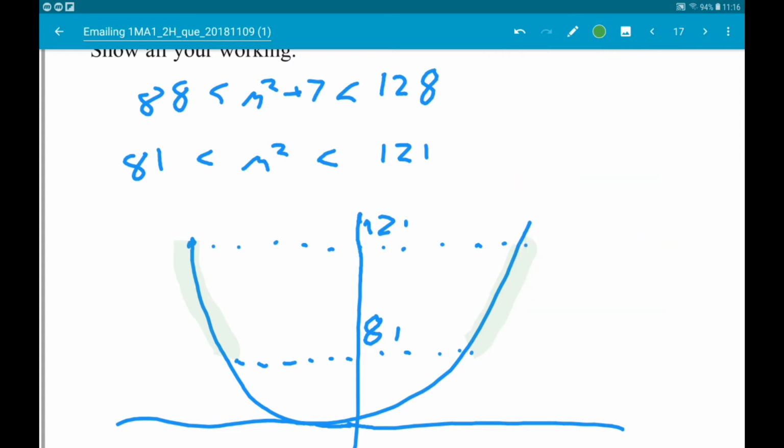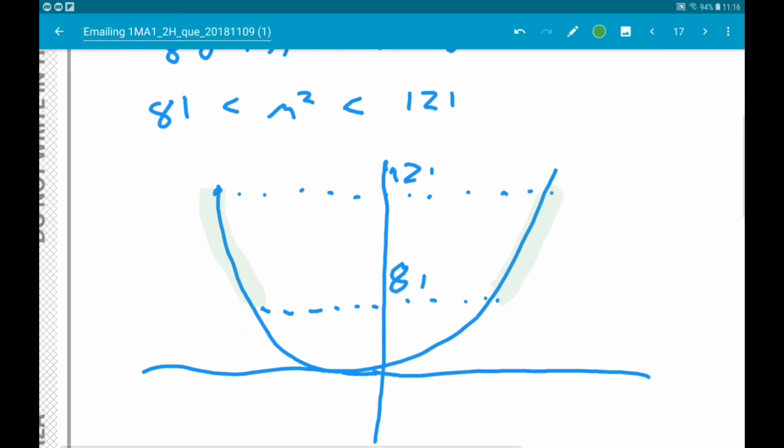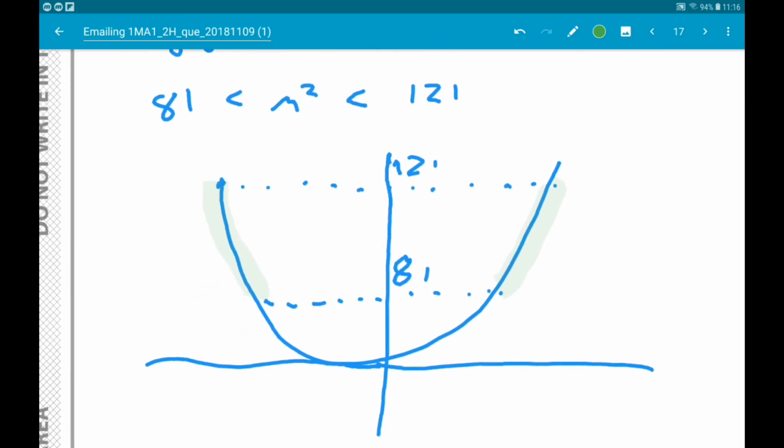So, what we need to do then is find the m values down here. So, this guy would be the negative square root of 81, so that's minus 9. And this one would be the negative square root of 121, which is minus 11.